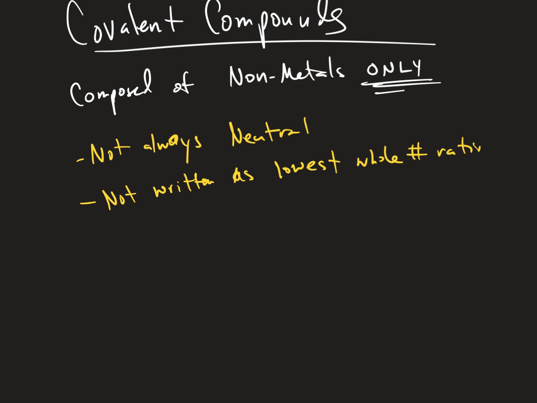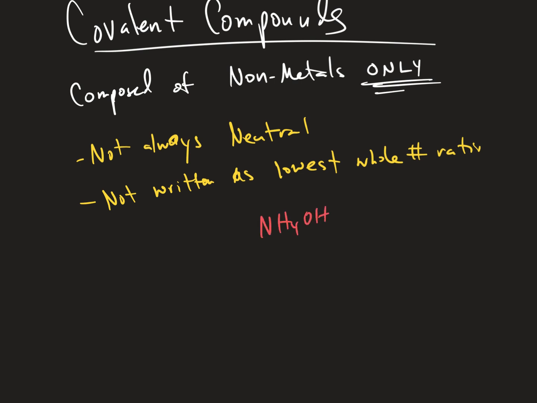When we name ionic compounds or covalent compounds, the first step is, what type of compound is this? How do you tell? If there's a metal in it, it's ionic. If there's no metal, it's covalent, except for one exception. If it has a polyatomic ion in it, it is an ionic compound. So, for example, NH4OH.